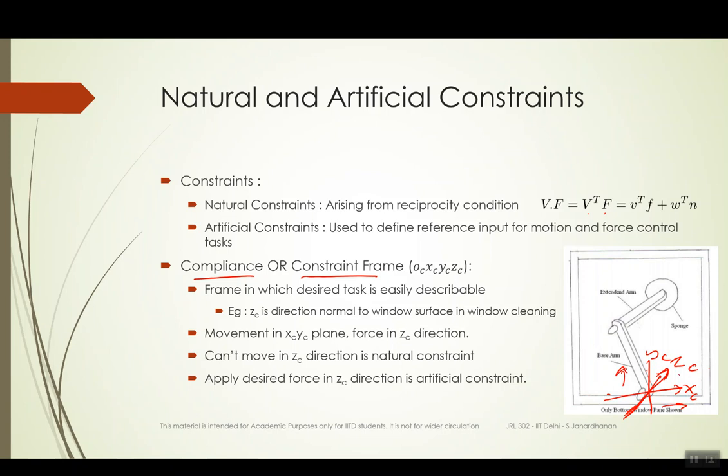However, there is a restriction of motion in the z direction. You can't move in the z direction. However, a force can be applied in the z direction.